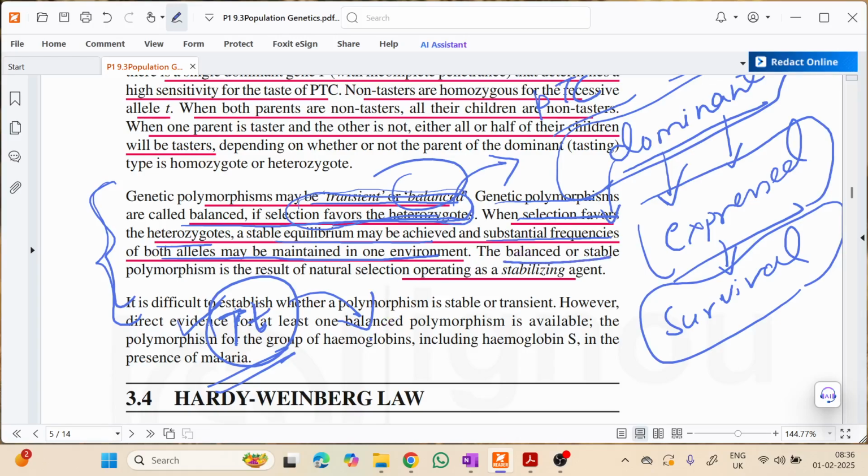So this balanced or stable polymorphism is a result of natural selection operating as a stabilizing agent. So यहाँ पे जैसे कहा है कि natural selection ही है जो select करता है.